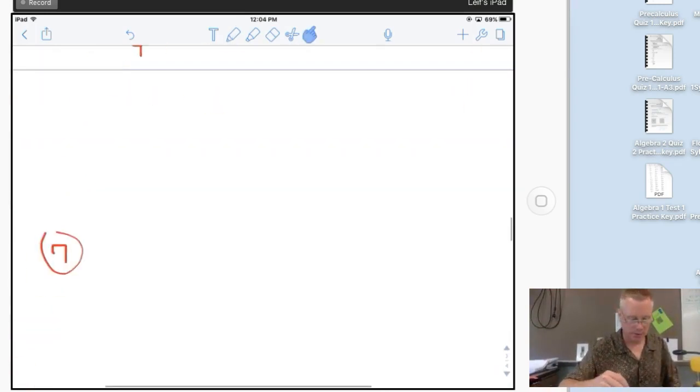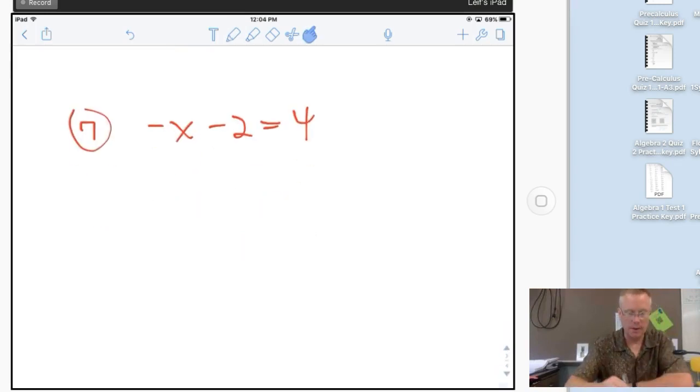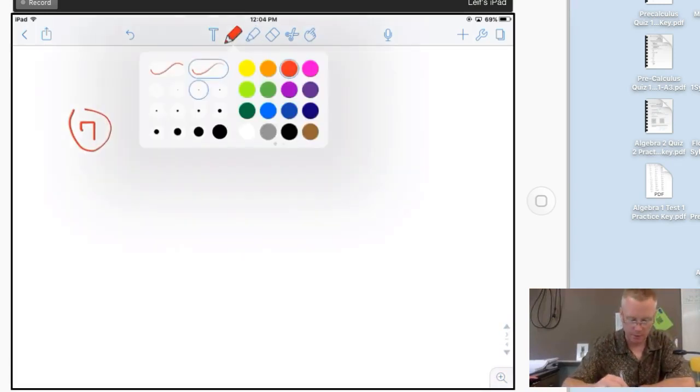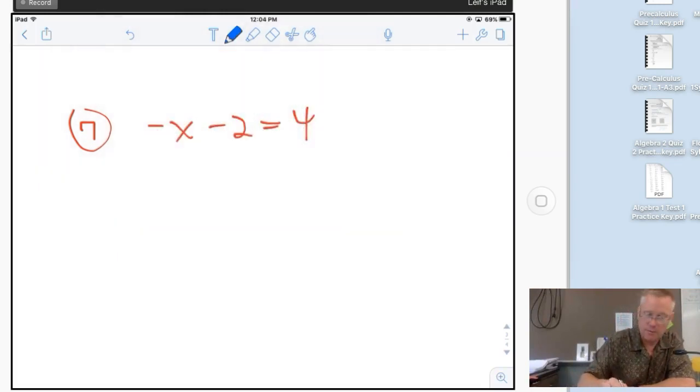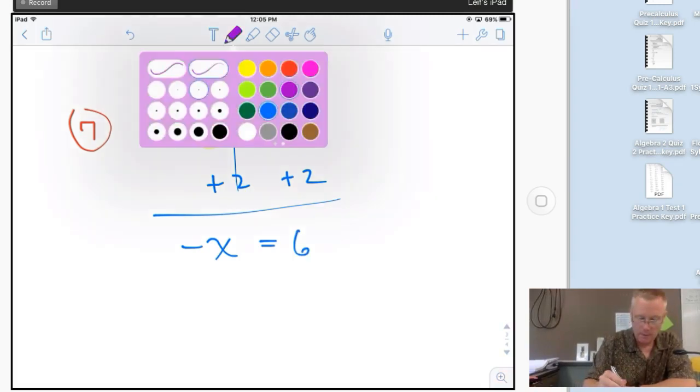Okay, so this one, number 7. Negative x minus 2 equals 4. All right, I know this doesn't look like a two-stepper, but it really is. First thing, same thing. Attack the plus or minus. I'm going to add 2 to both sides to get those to cancel. And then I get 4 plus 2 is 6. Okay, now here's where I'm going to be careful.